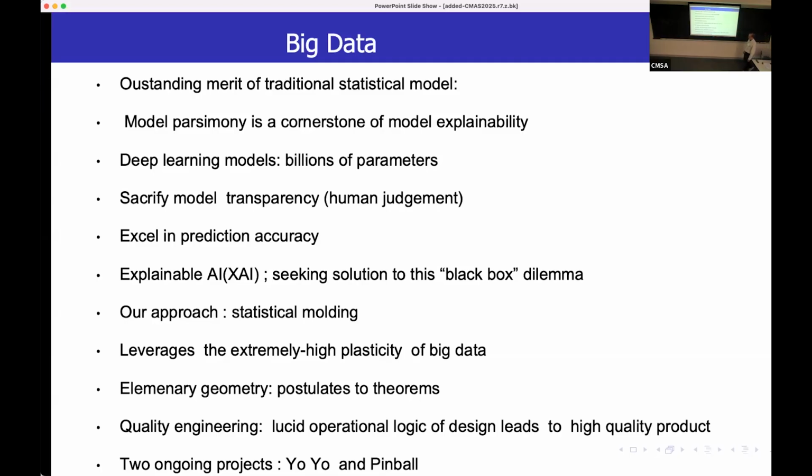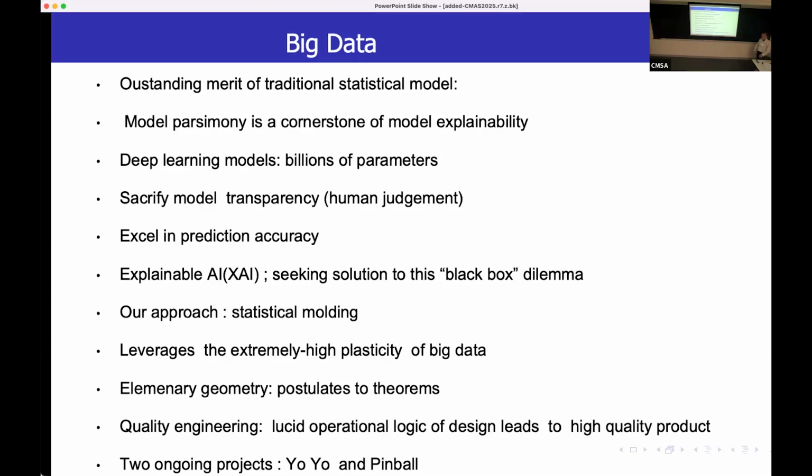Okay, so I sort of follow this elementary geometry. We need to have some postulates. And of course, we have the theorems and so on, but we'll see what the theorems are there. It's very elementary. So from this quality engineering viewpoint, this is what I'm thinking about.